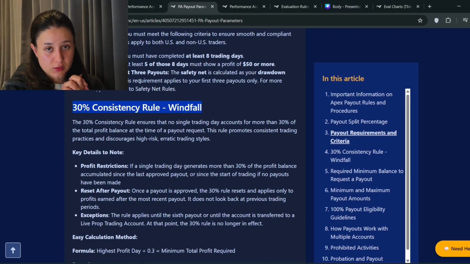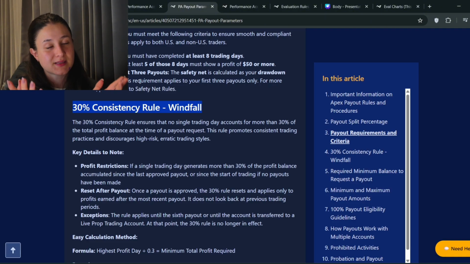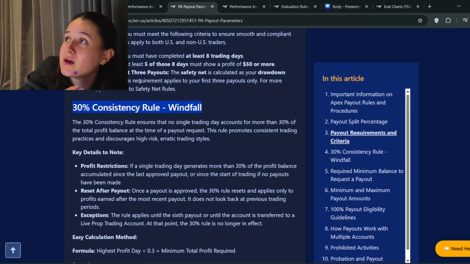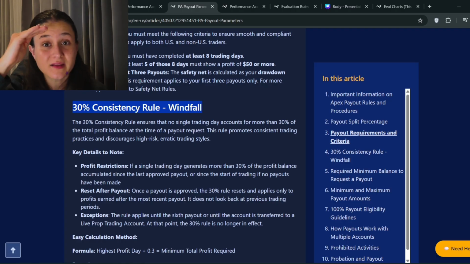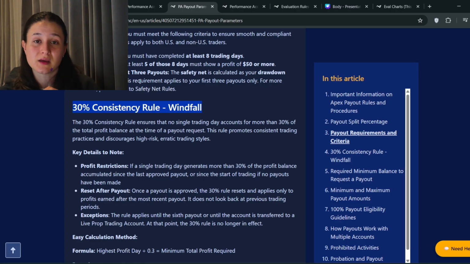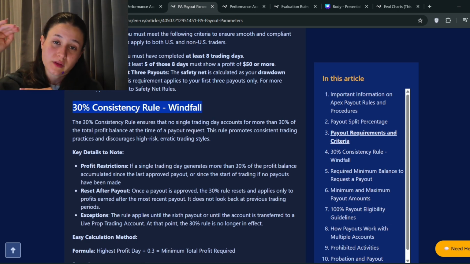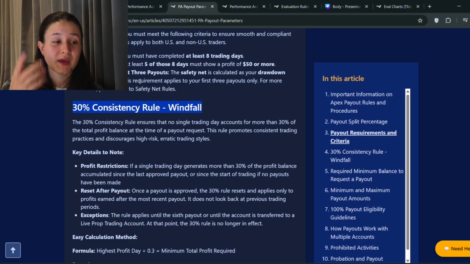From your whole profit, from your whole $10,000 that you made in 1 month, let's say, one day out of this month you made more than 30%. So you made, let's say, 5,000 in one day. You made a lot in one day and then you continue to make little. This shows inconsistency. What did you do that you made that much and you cannot do it on the other days? It makes sense to me.